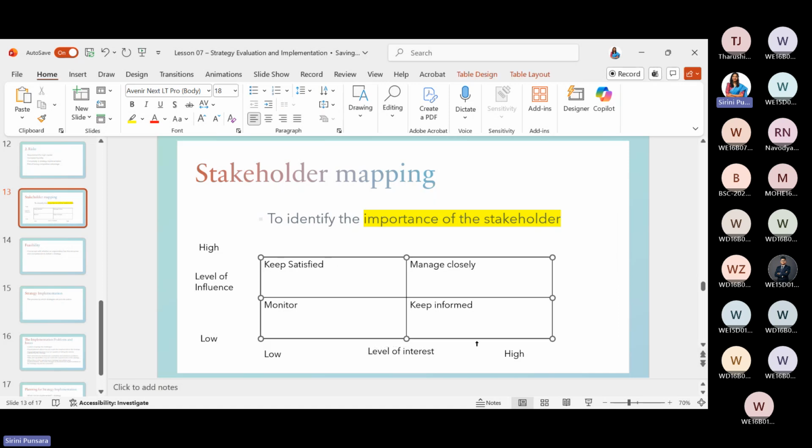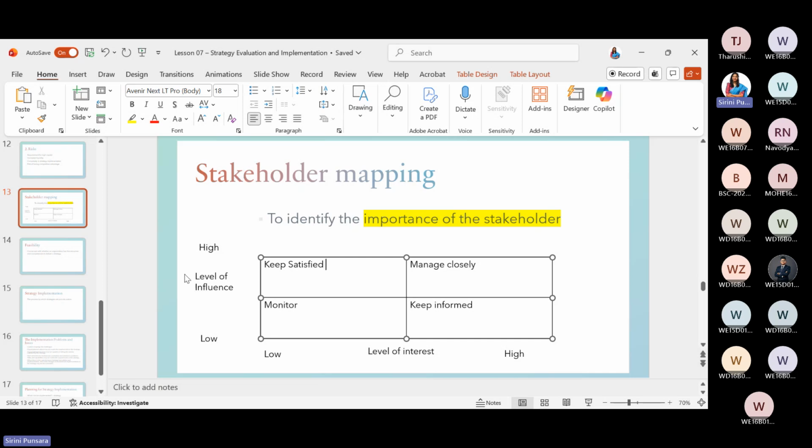This also you may have learned previously. And as I can remember, this diagram was not available in the slide which I have uploaded to LMS, so it's better if you can write this down. Here we are going to categorize all the stakeholders, both internal and external, into 4 different categories based on 2 factors.